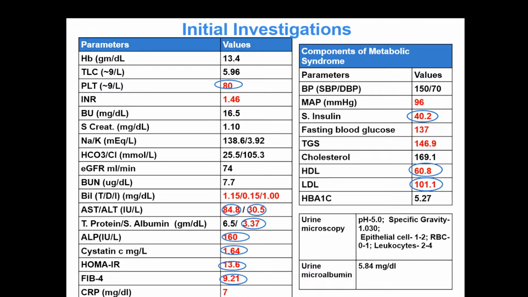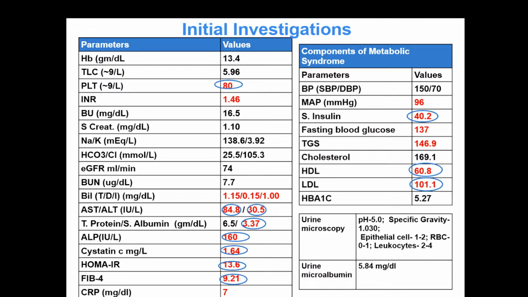The investigations on this patient, we can see here, he had a well-preserved hemoglobin, leukocyte count was 5.9, platelets were reduced to 80,000, INR was 1.4, creatinine was mildly elevated, the GFR was 74, calculated by the MDRD4 equation, bilirubin was 1.15, AST was 84, and the AST-ALT ratio we can see here is almost 2, more than 2, and albumin was slightly low, 3.37.